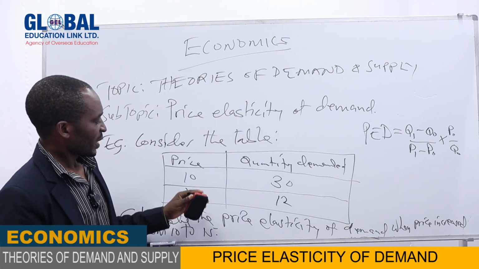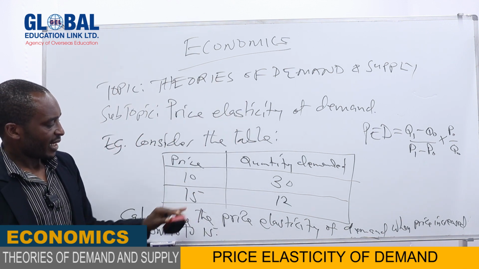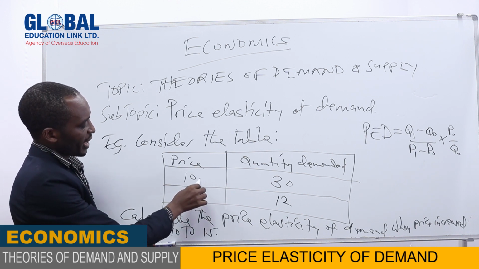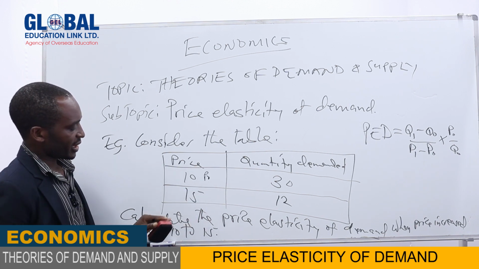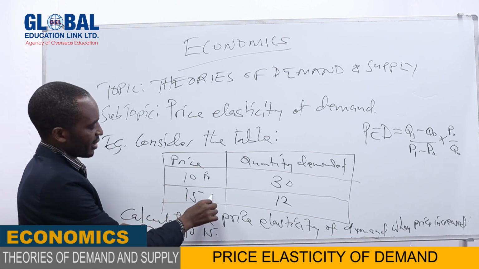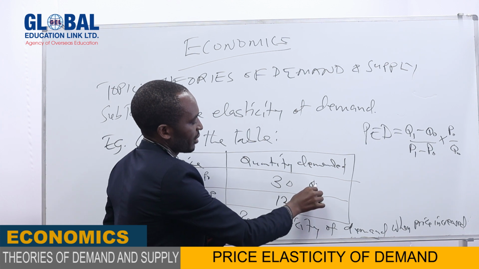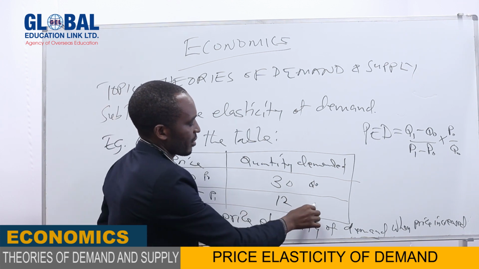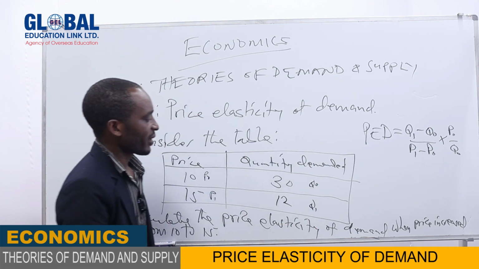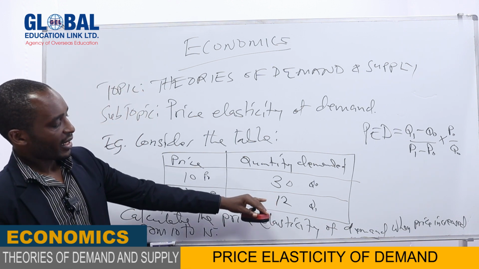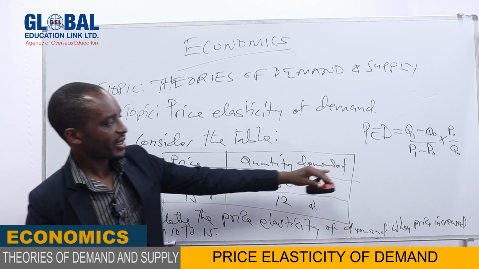Now, from the table, the original price is P0, and P1 is 15, then 30 is Q0, and 12 is Q1.